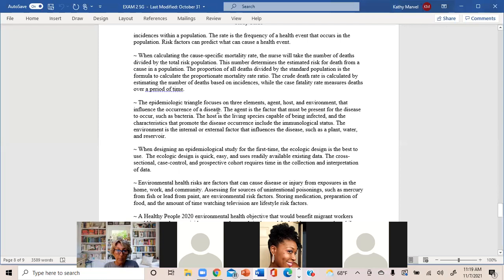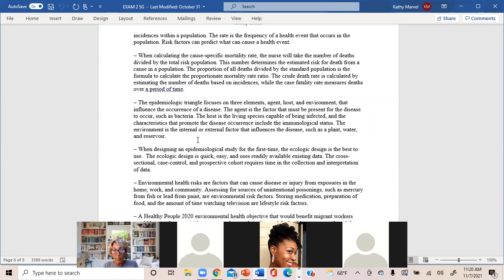And then here we again focus on the epidemiological triangle. Right, the agent is the factor that must be present for the disease to occur, such as bacteria. The host is the living species capable of being infected, which is us. Right, and the characteristics of us that promote disease occurrence definitely include what our immunological status is.